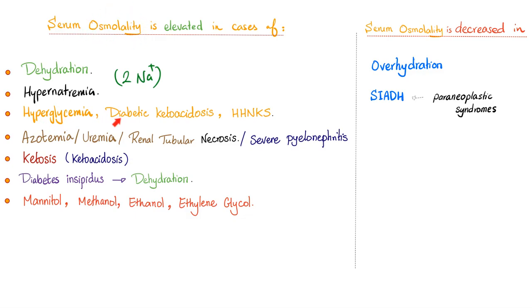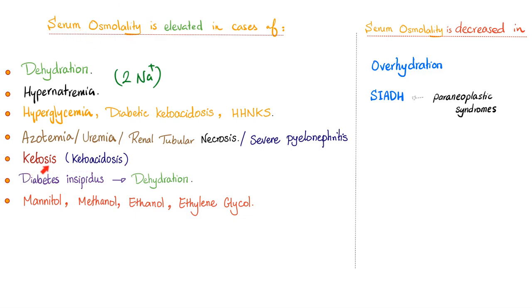Hyperglycemia. Absolutely. Diabetic ketoacidosis, which has hyperglycemia. Hyperosmolar hyperglycemic non-ketotic syndrome, which has hyperglycemia. Azotemia, uremia, renal tubular, etc. All of these have increased urea, increased BUN, and some other stuff. Because now your kidney is toast. Your kidney cannot secrete electrolytes. Your electrolytes will pile up in your blood, raising your serum osmolality.